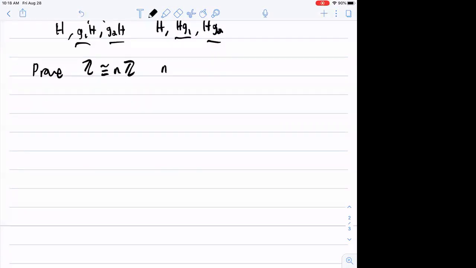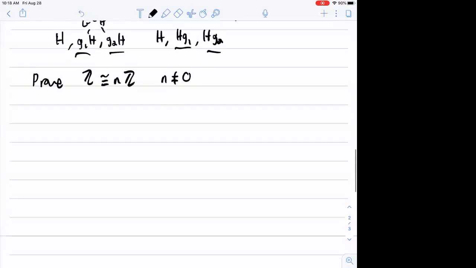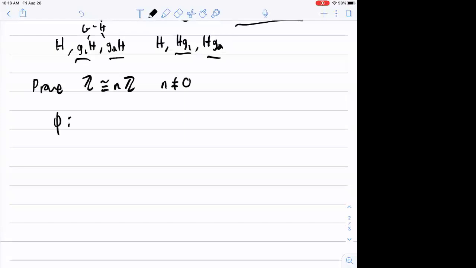So n not equal to 0. Okay, so you only have one option. Phi, you send Z to nZ. So where do you send the element z? Well, your first guess would probably be this, and that's exactly it.